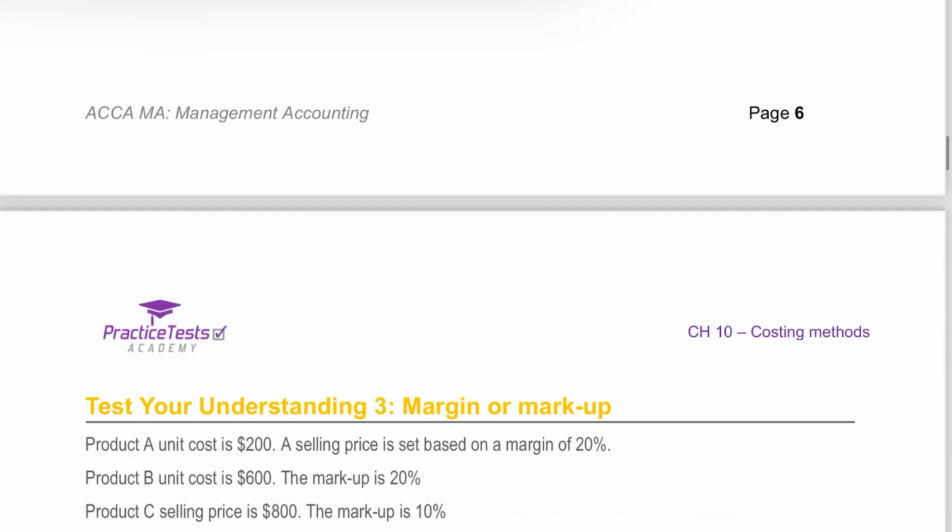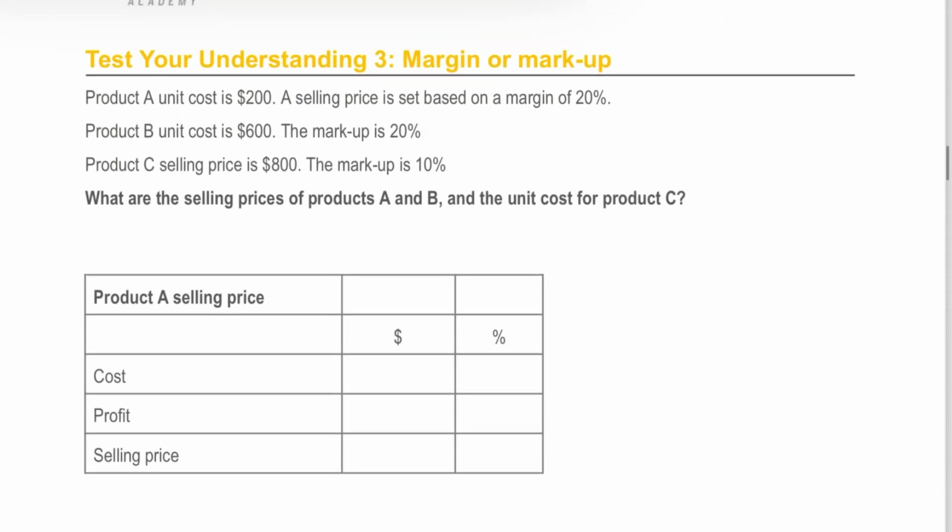So we'll see how we can apply this in a question. It's a simple question, but you can apply this knowledge we learned. Product A, unit cost is 200. Selling price is set based on a margin of 20%. Product B, unit cost is $600. The markup is 20%. Product C, selling price is 800.